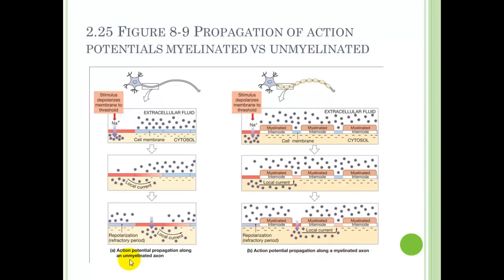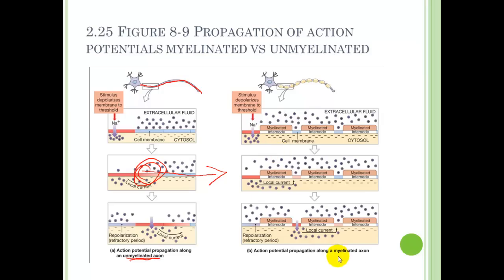So this one here is occurring in unmyelinated axons, and what we get here is the sodium-potassium pump when it initiates, and then our action potential will travel. But this has to start here and travel all the way down, so the unmyelinated version is a little slower than the myelinated version.